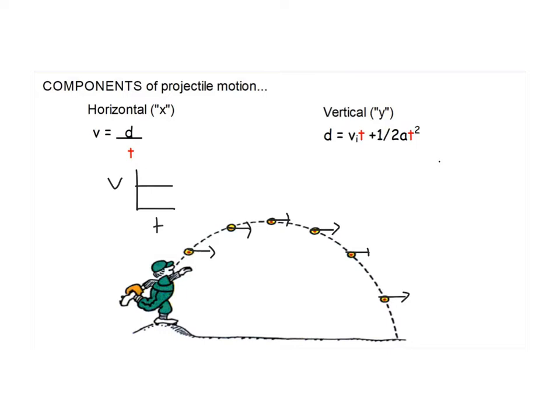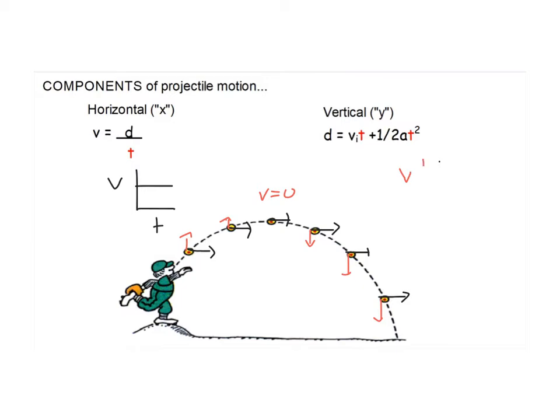It's not speeding up or slowing down. Whatever initial horizontal velocity I impart on that projectile, it's going to have that same horizontal velocity at the end. Now the y one is different. Initially this has an upwards velocity, but because gravity is acting on it, it's slowing down to the point where at its maximum height, the y velocity is 0, and then it starts accelerating downwards towards the ground again.